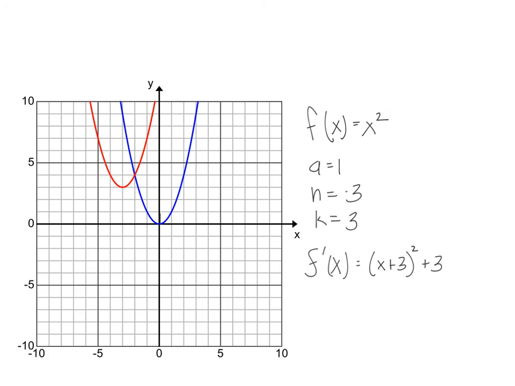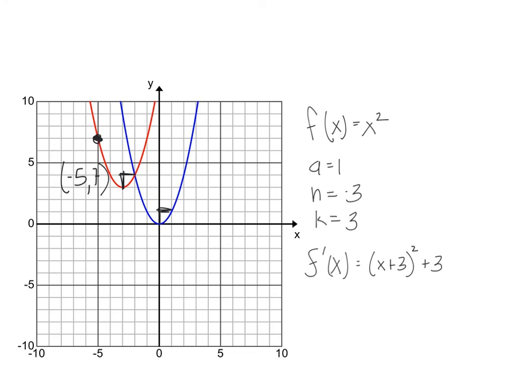I went up 1 over 1, so that vertical didn't change. I went to the left 3, so that's negative 3. And I went up 3, so k is positive 3. I plugged all those values into my parent function. And now I just need to find another point to plug all those in. And that would be negative 5, 7.